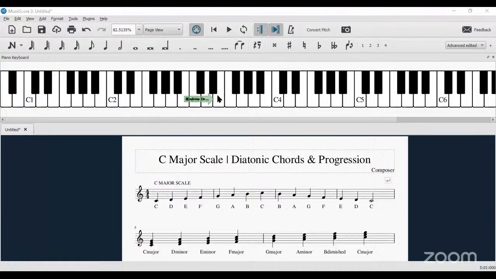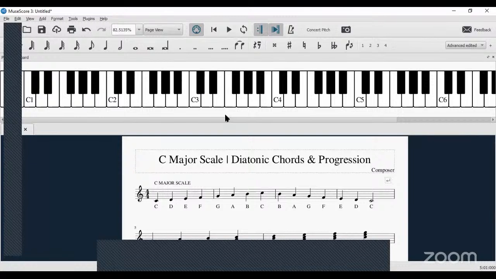Okay, now here's a challenge for you. From E to F, what is this? Is this a whole step or a half step? This is a half step.